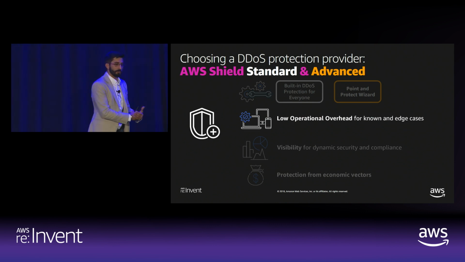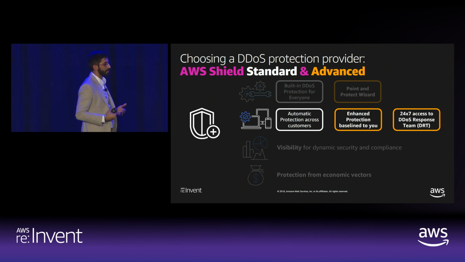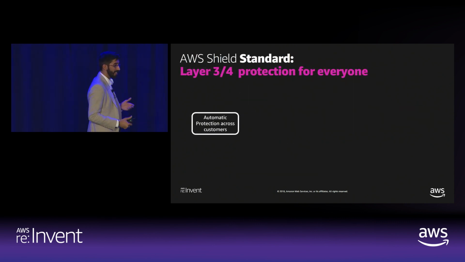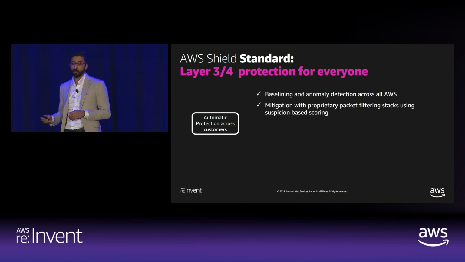Next, once you've started to protect it with Shield Standard and Advanced, we want to make sure that there is minimal operational load on you to think about DDoS, right? With Shield Standard, you actually get automatic protection that's optimized across all AWS customers, right? What does this mean?